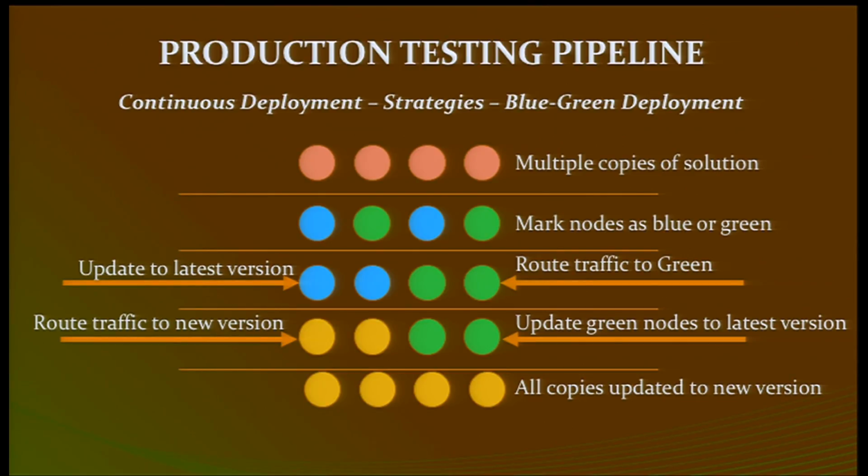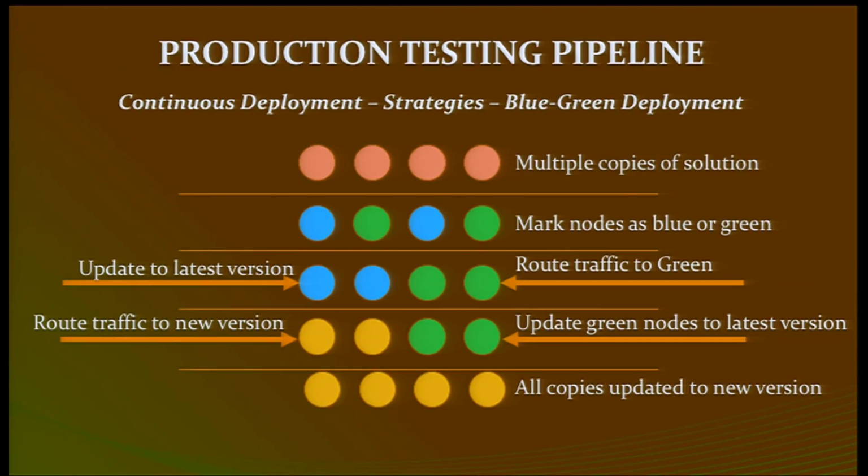Now you are rerouting all the traffic into two of the four pods, and you are doing the upgrade of your solution in one of these two pods, the blue pods. So you have a window of opportunity to see how your customers are still able to access the solution.